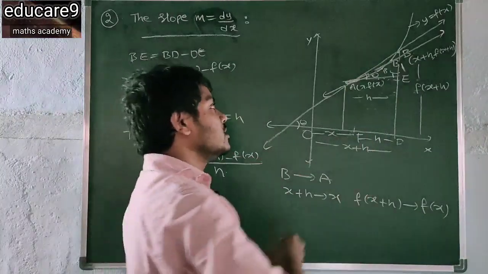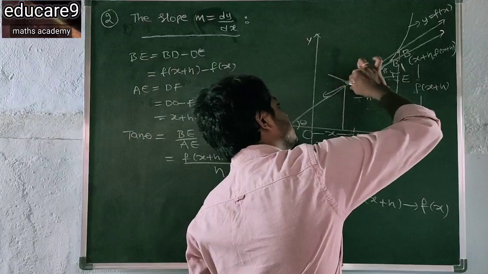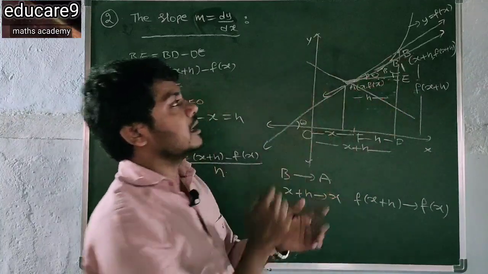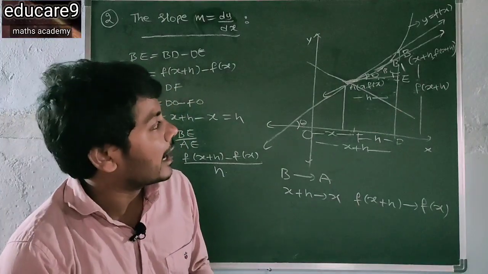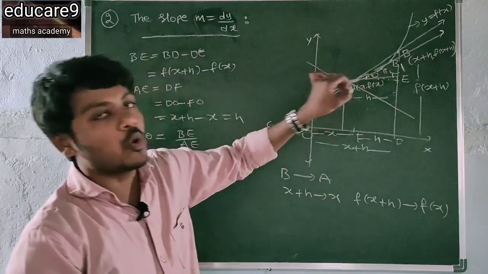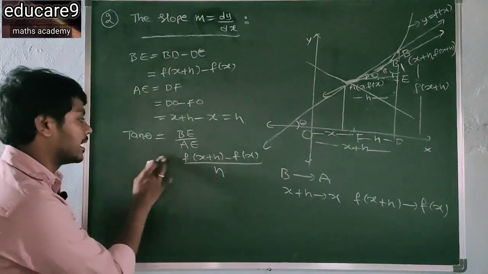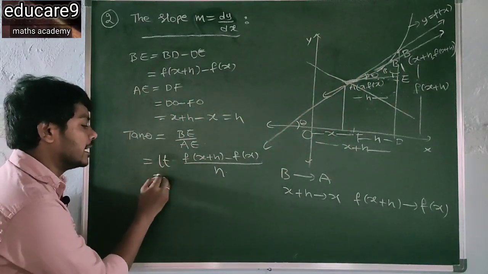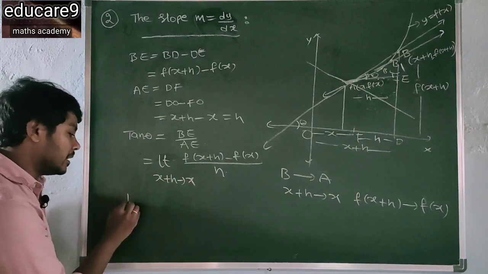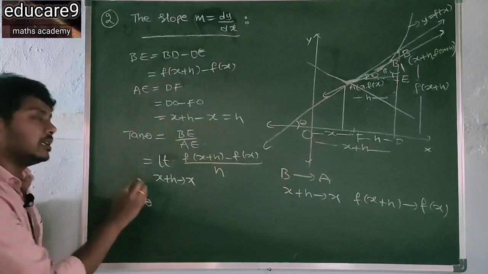Okay. So in that case, this line represents a tangent line. When x plus h tends to x, meaning you write limit x plus h tends to x, then this is called what?